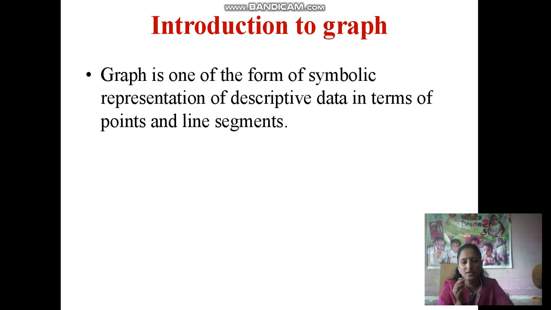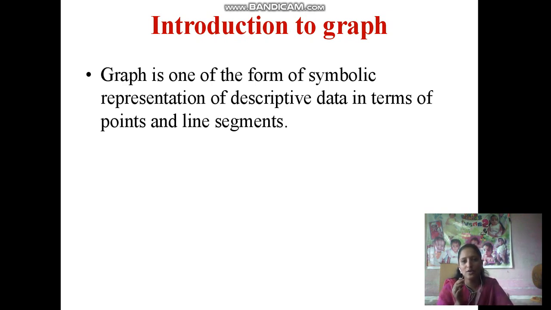You used this concept of graph or various types of graph in your previous years, in 8th, 9th, 12th. You use this graph in various subjects like physics, chemistry, and mathematics also. So, what is graph?